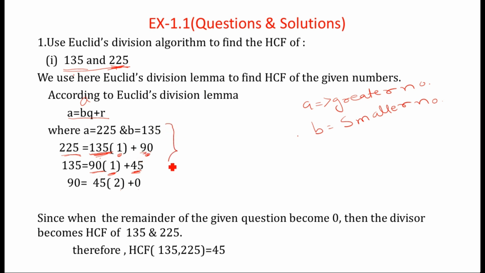Similarly, for all the questions, we have to follow the same steps until we get the remainder as 0. Therefore, finally, we get the HCF of 135 and 225 as 45.